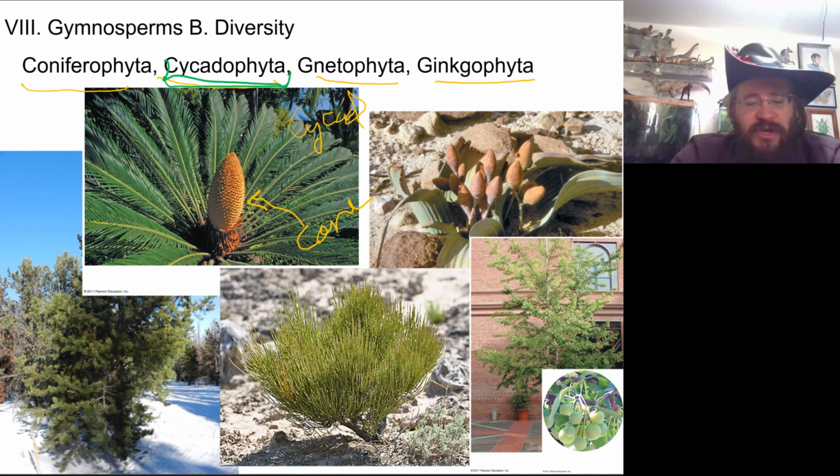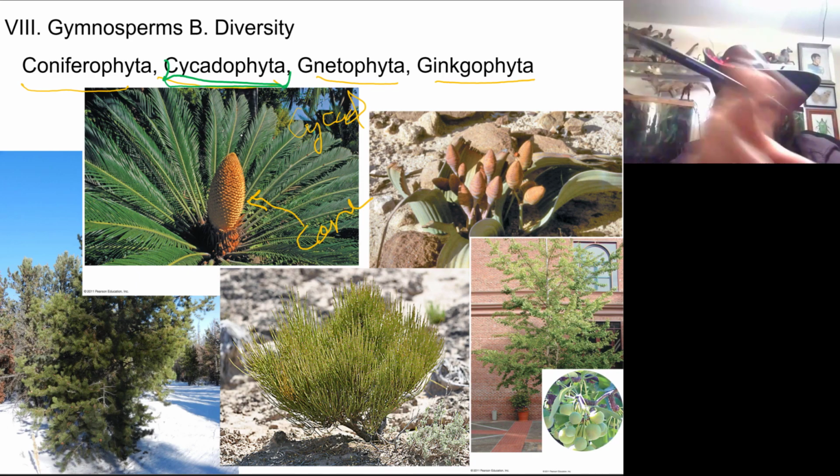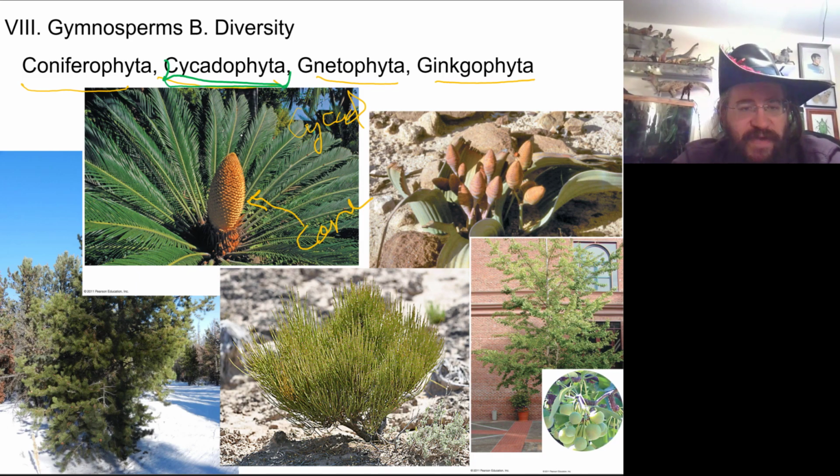So some of these gymnosperms actually have flagellated sperm. And it sort of blends the line between seedless vascular and gymnosperms, really driving home the fact that gymnosperms were the first of the seed plants to evolve. So that's kind of cool.